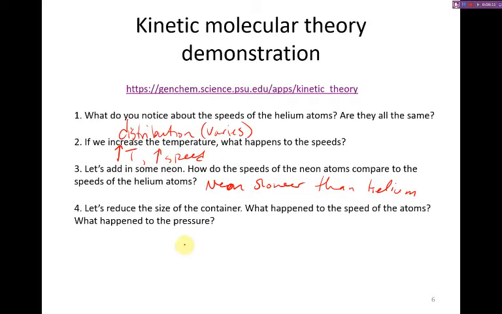And when we changed the container, we saw that speed stayed the same, but pressure goes up. So hopefully that helps you to understand a little bit more about the behavior of gas particles.